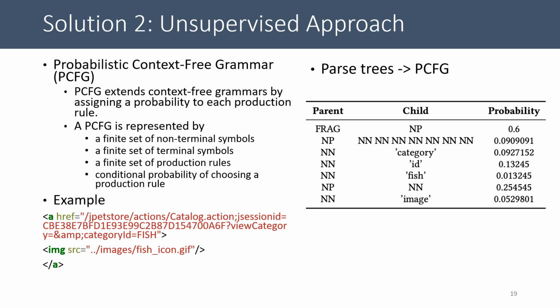And on the right is the PCFG result from the POS-tag analysis result. We can see that the probability of category with a parent noun is 0.0927, and the probability of noun with a parent of noun phrase is 0.2545.